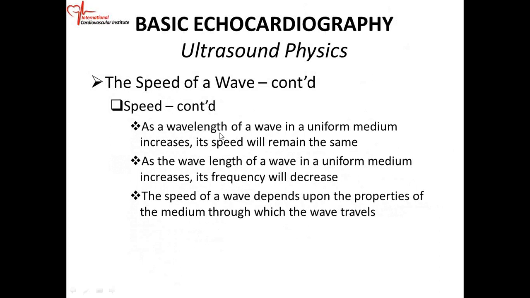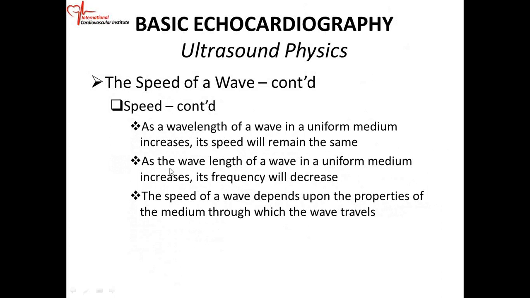It's not going to be changing. When you produce a wave in a medium, the wavelength is going to be fixed. The frequency, what you set the frequency to, is going to be fixed. So that is why the speed of a wave in a medium is a fixed number.